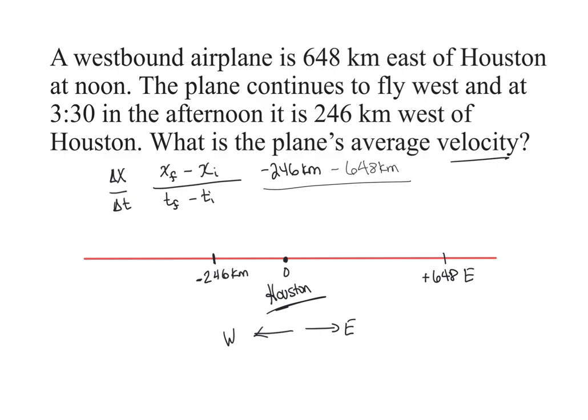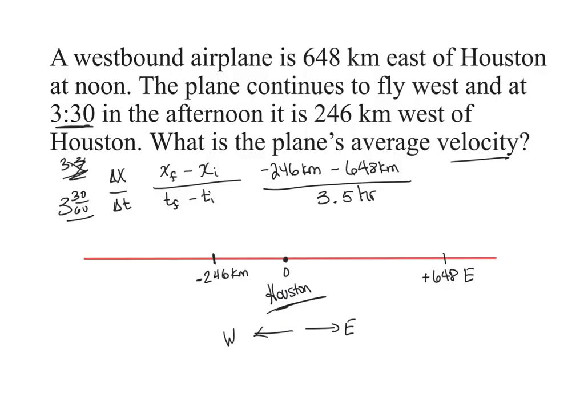So if you did 3:30 minus noon in military time, 15:30 minus noon, you would see that's going to be 3.5 hours. You want to make sure that's 30 over 60. Sometimes people try to write this as 3.3. That is incorrect. It is 3 hours and 30 out of 60 minutes, which gives us that 3.5 hours here.